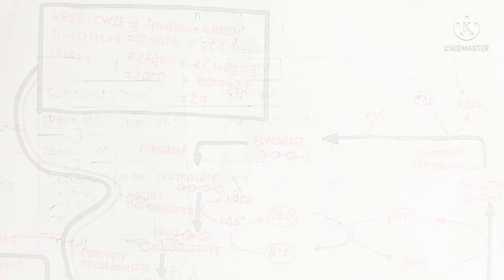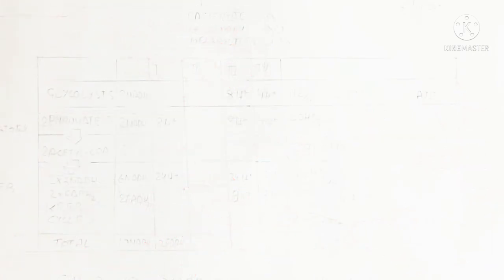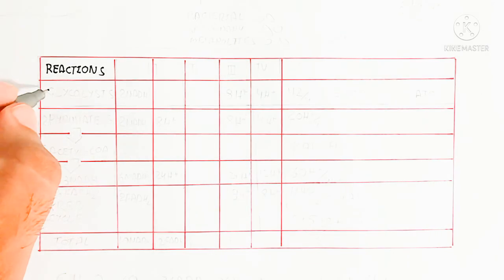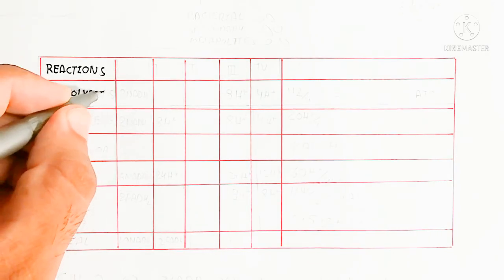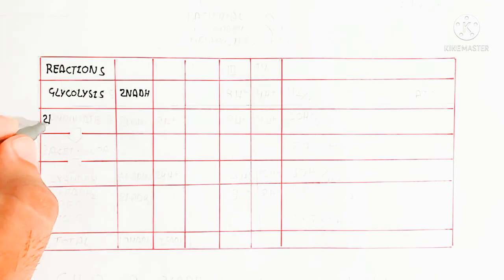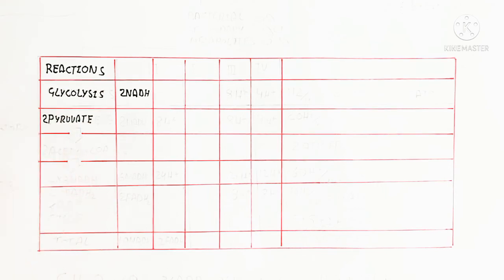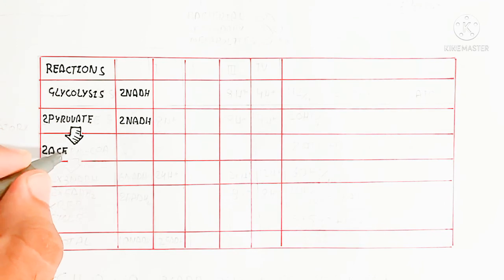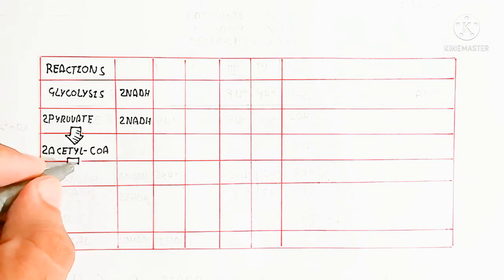So remember about that. Here we are working through the calculation to understand where the NADH comes from. Glycolysis produces 2 NADH in the cytosol, that is the cytoplasm, and 2 pyruvate produce 2 NADH during the production of acetyl CoA, which is the preparatory step.